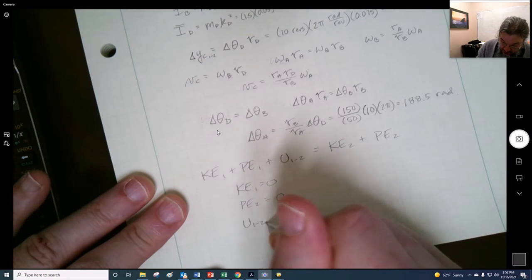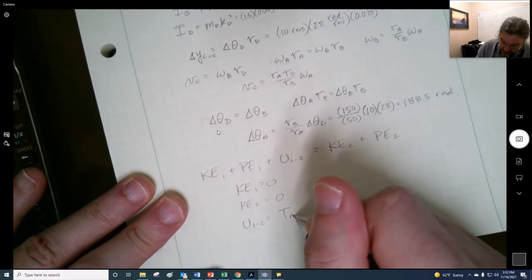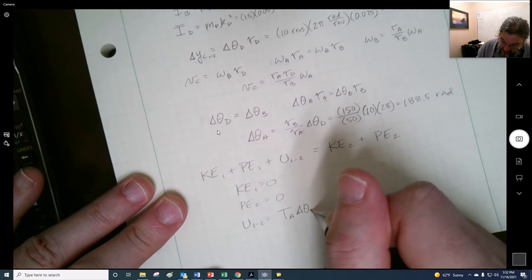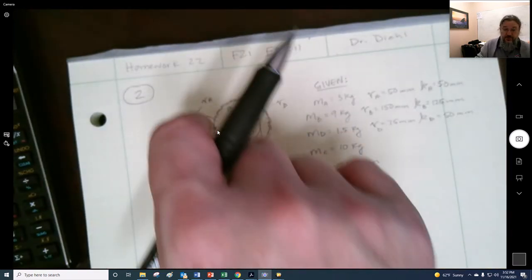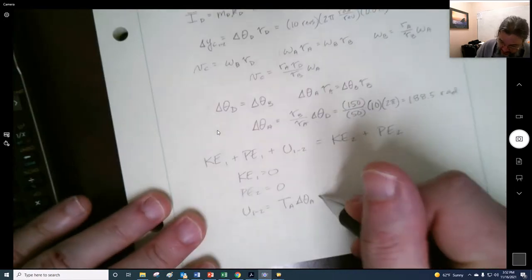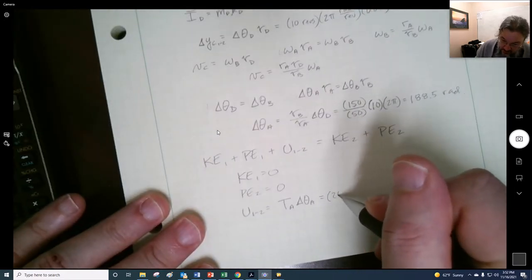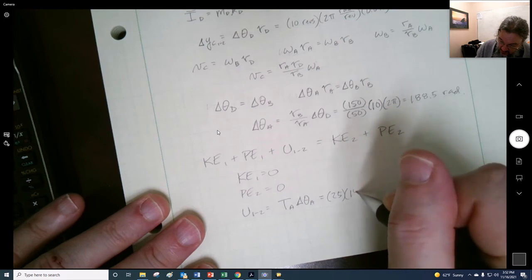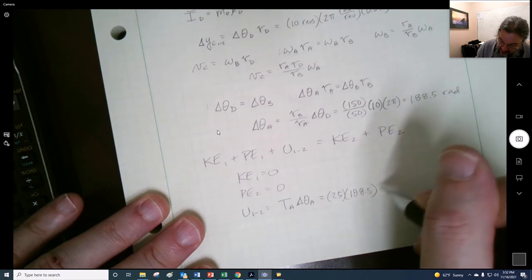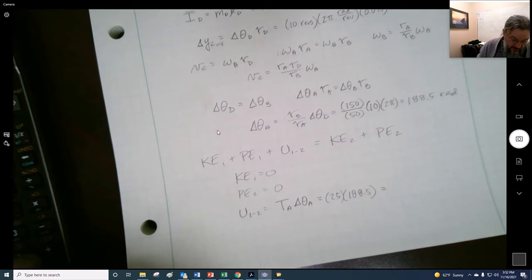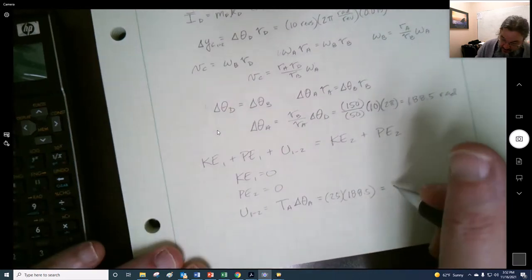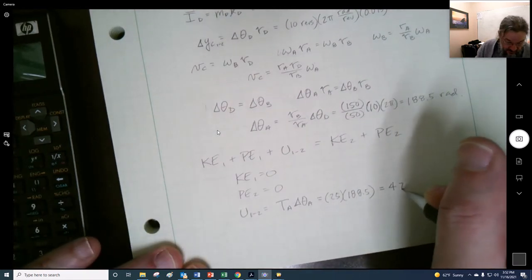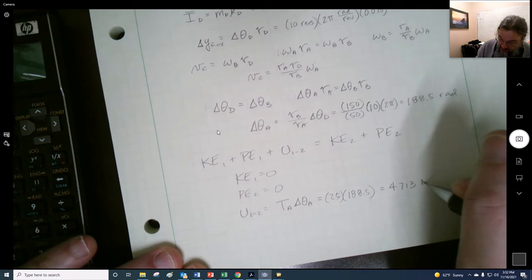The work between 1 and 2 is going to be the torque of A times delta theta A, so this torque times the angular displacement, or 25 times 188.5. This is a lot, 4,713 Newton meters.